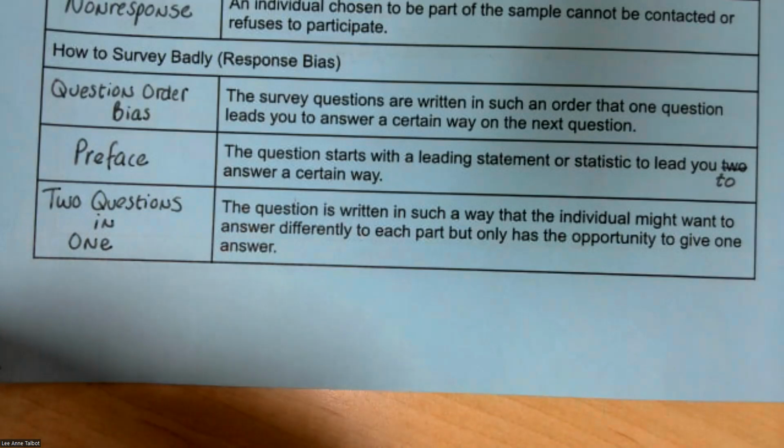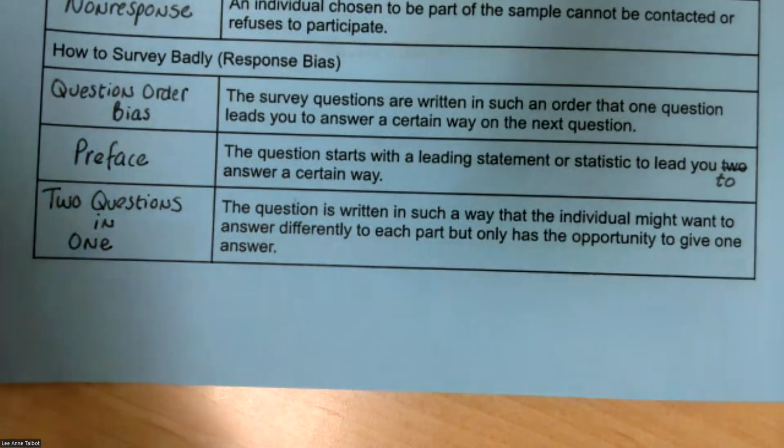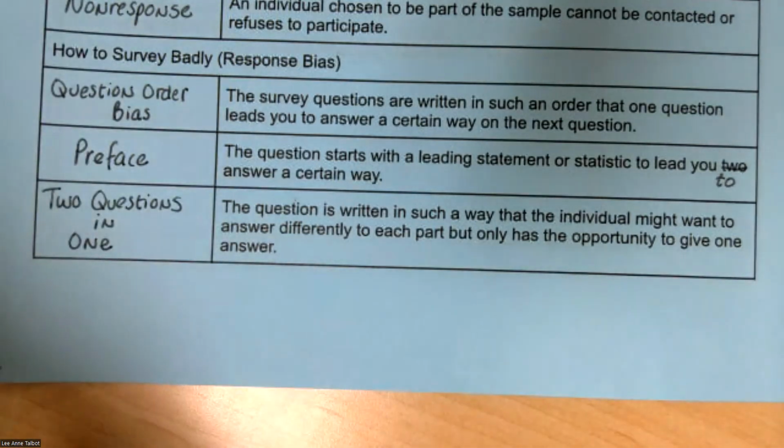It would be like, do you believe that teachers work hard and teachers deserve more pay? Yes or no? And you're like, I really want to say yes, they work hard, but they don't deserve more pay, but I can't because there's only one box. That's what two questions in one is.